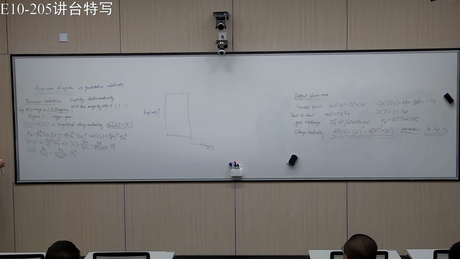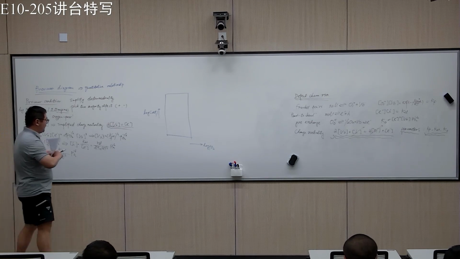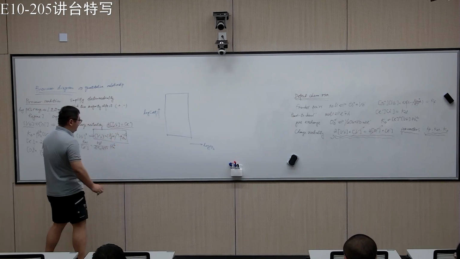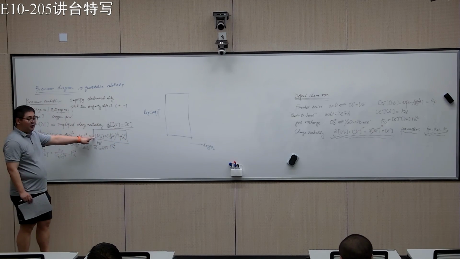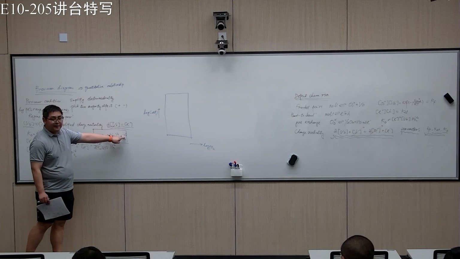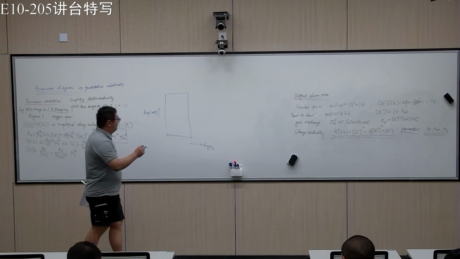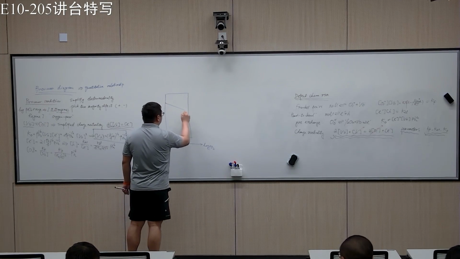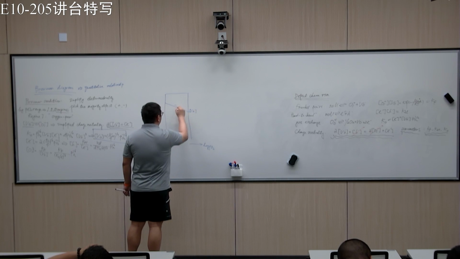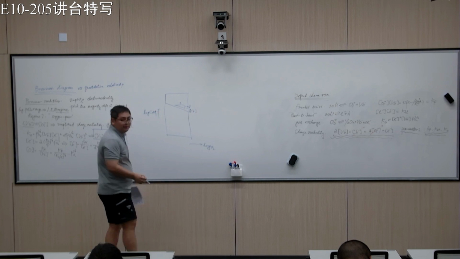So let's take this one. If you just take a log of this, and plot it against log PO2, the power is basically negative 1/6. Essentially, you have something like this. So this is the oxygen vacancy, and the slope is negative 1/6.